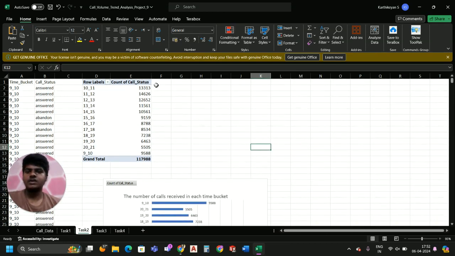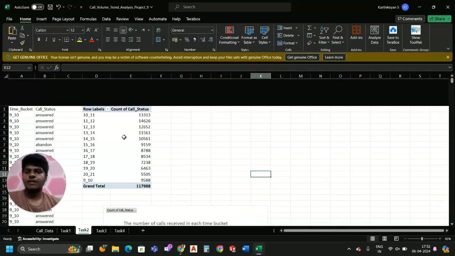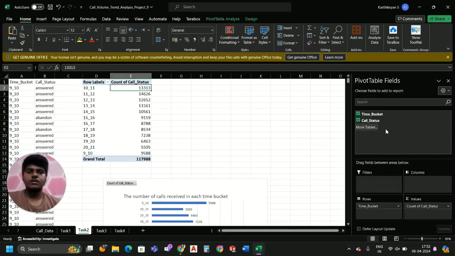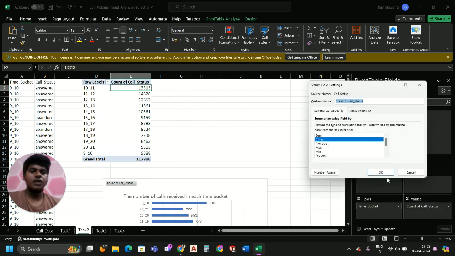So here you can see, in the pivot table I have taken time bucket in the rows and call status in the values section. Here I used the count function to know the number of calls received.